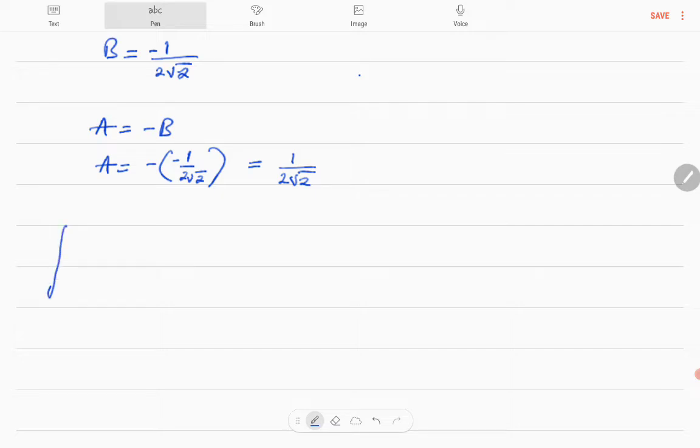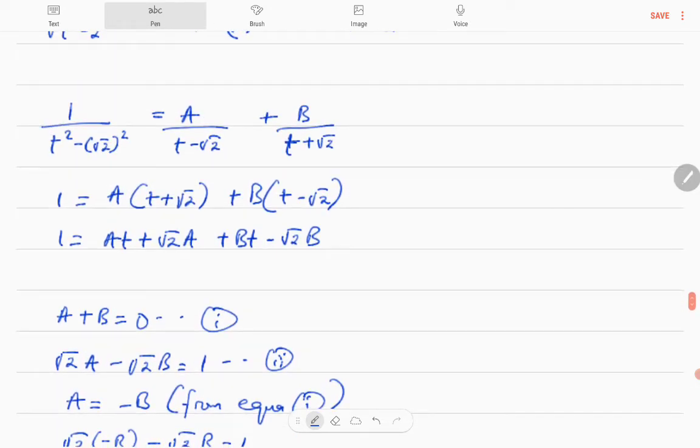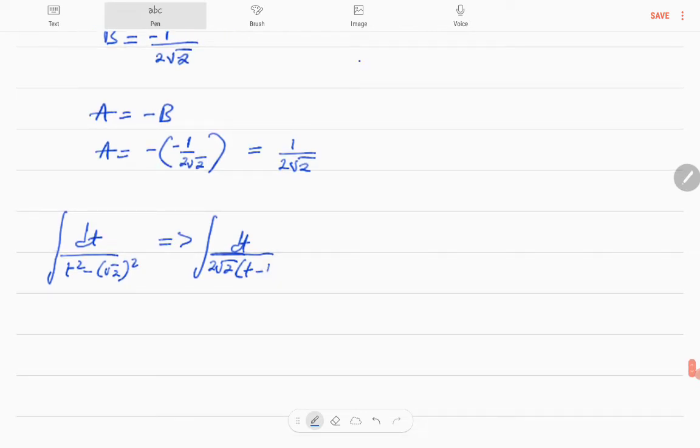So I'm going to have the integral of dt divided by t squared minus root 2 squared as the integral of 1 divided by 2 root 2 times dt divided by t minus root 2, minus integral of dt divided by 2 root 2 into t plus root 2.